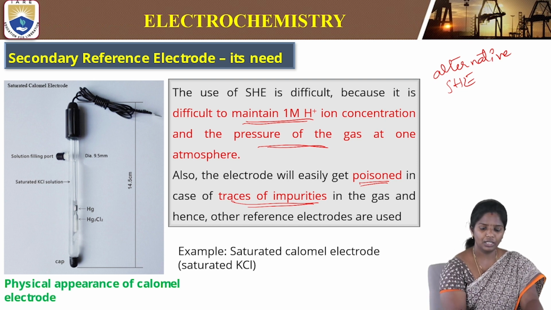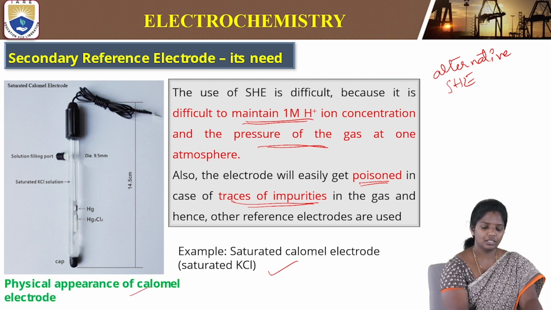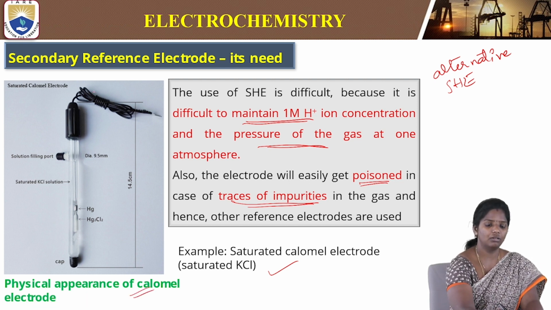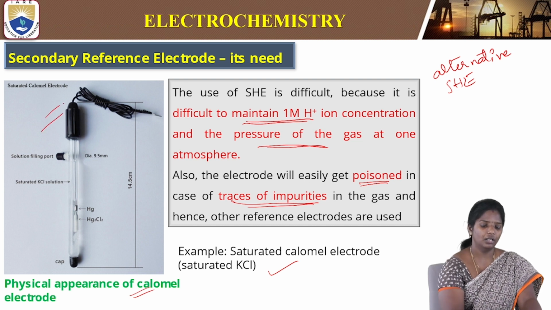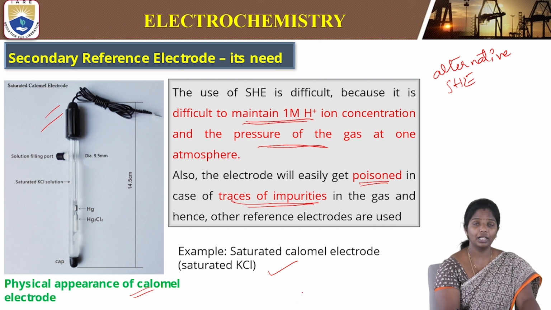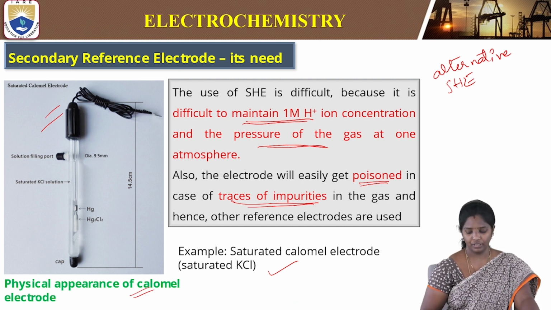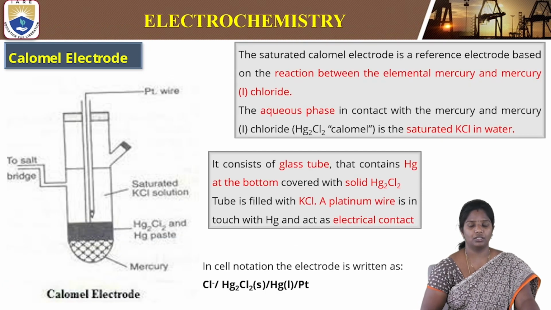An example is the calomel electrode. This is the physical appearance, this is how a calomel electrode looks. Now we will see the schematic of how the calomel electrode is constructed and used for electrode potential determination.